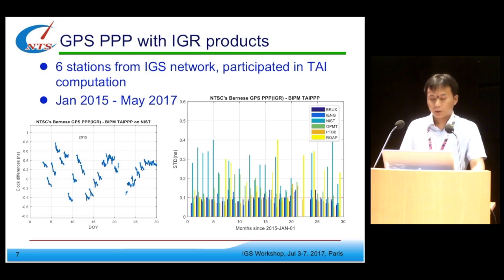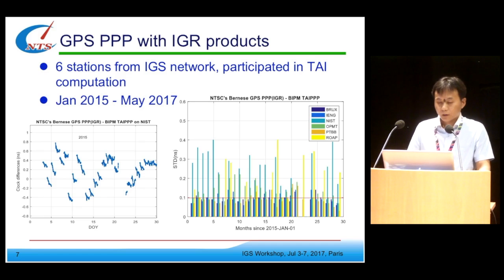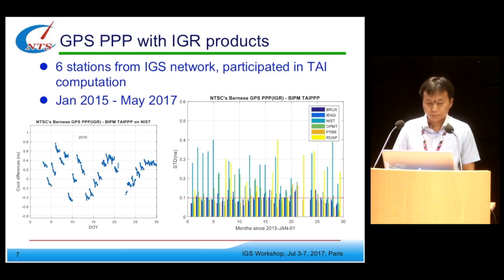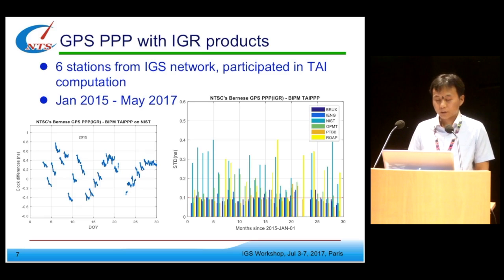The right graphic gives results of our daily GPS PPP compared with BIPM monthly PPP. We can see from that, for most stations, the deviation is about 0.1 nanoseconds.